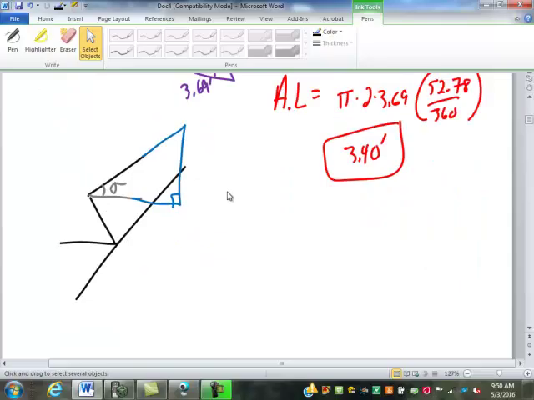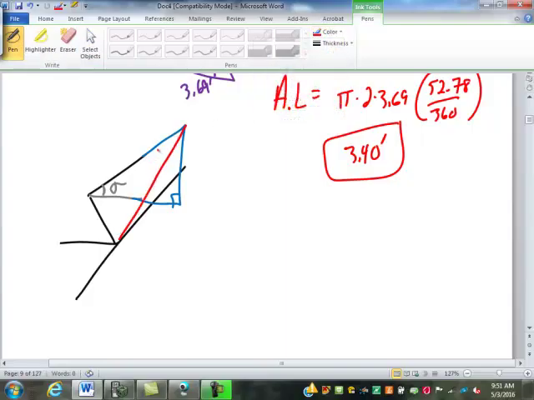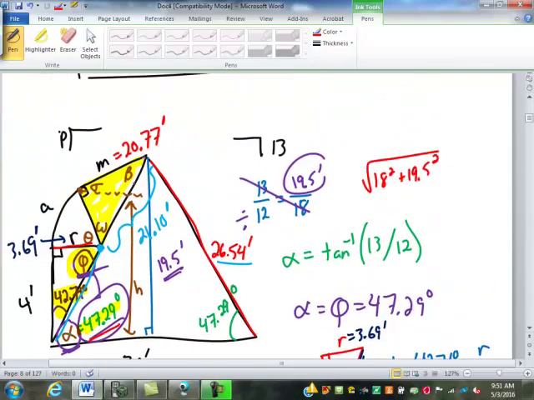Okay, so how do I know this angle? Well, up in here, I found this angle here to be how much? 10.07 degrees. If I draw this vertically, how much does this angle have to be? Nope, that was off of our heel angle. If this is 47.29, this has to be 42.71 degrees.